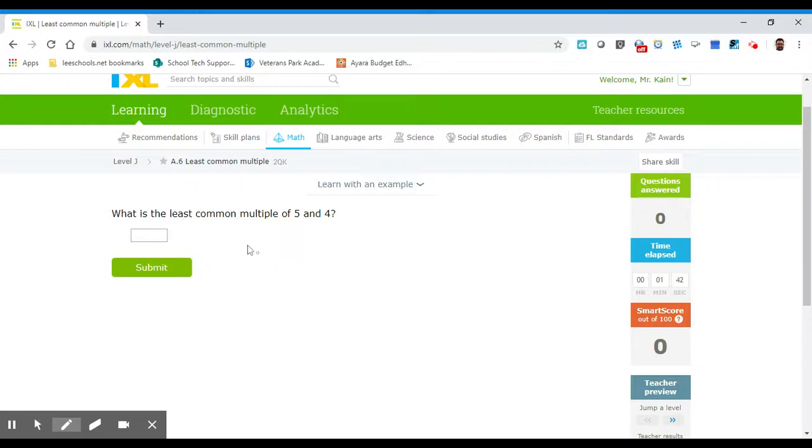So prime factorization, 5 and 4. We know 5 only has one factor because it's prime. 4, on the other hand, has 2 and 2. That's their prime factorization. So what you want to do is look at these two and ask, what is the most number of times each number appears between the pair?